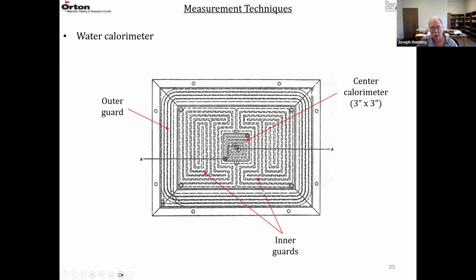So these are all adjusted so that the heat flow through the plate, that 13.5 by 18-inch plate, is uniform. So the center calorimeter is used to measure the heat flow. So water comes in at a controlled temperature and then leaves as it passes through the calorimeter at a higher temperature. So those temperatures are measured.